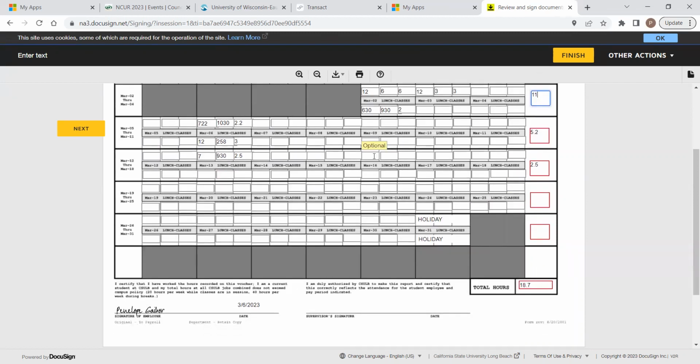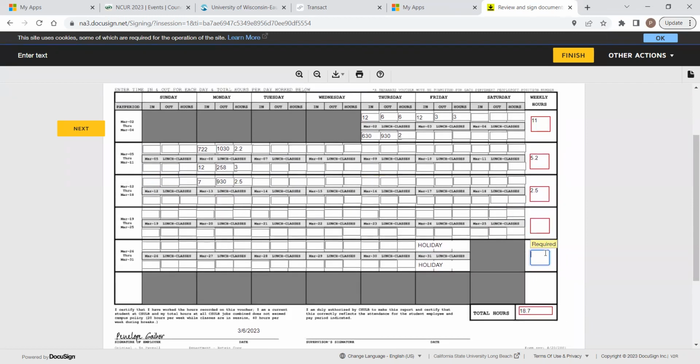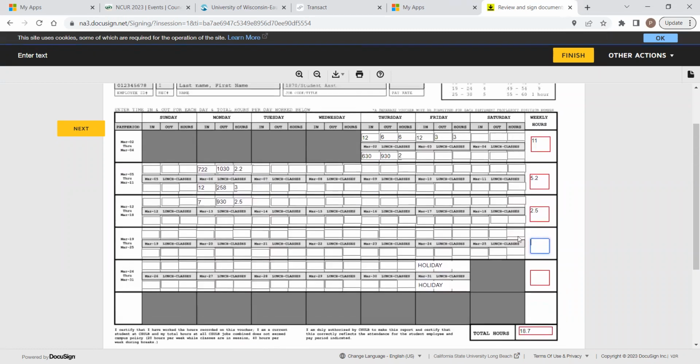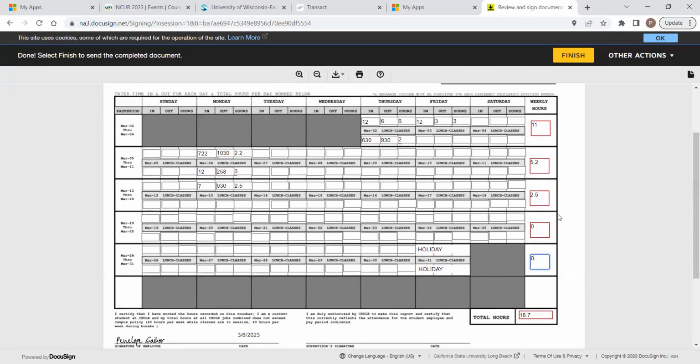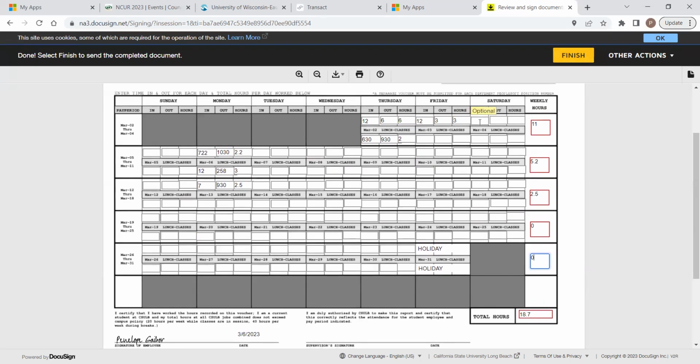So as you can see right here, I do not have these two completed. So if I put finish, it's actually not going to let me. It'll say fill in, and then it'll take me to the required box. So if you don't work hours during a week, just input 0, so it'll let you go through. Once you input the zeros, before I submit, I just want to show you that no other boxes were filled out besides the red ones.